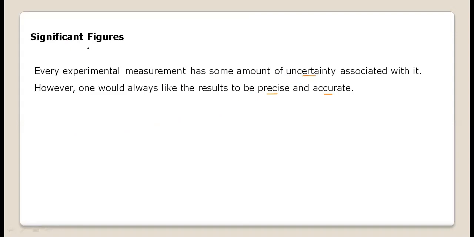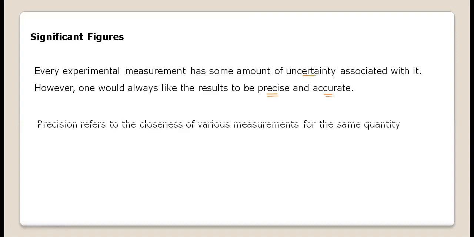To count the significant figures, before that, we need to tell whether the obtained value is precise or accurate. In terms of measurement, it is called the precision and accuracy of the result. Now we'll try to understand it. What is precision and what is accuracy?